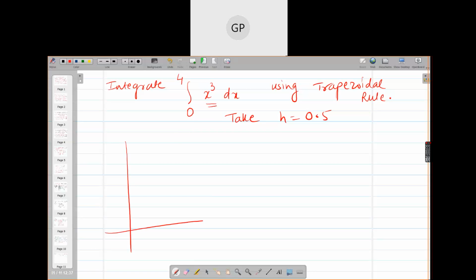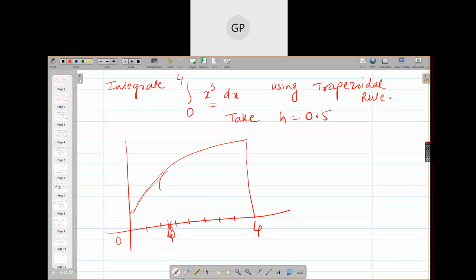So it is like this. x cube, I don't know how this x cube will go, it will be something like this. So from 0 to 4 you have to integrate, and h you have to take 0.5. So you have to first find the number of subintervals.